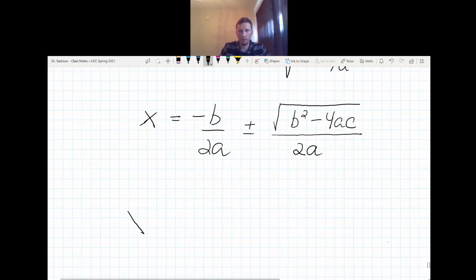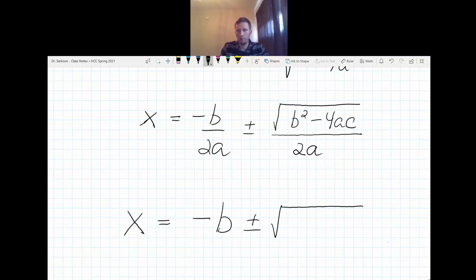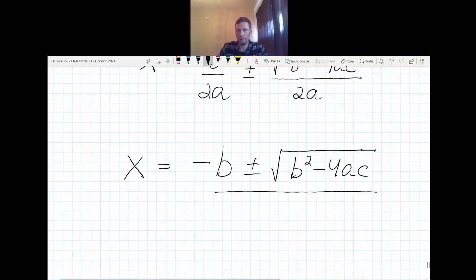I'm going to make it as neat as possible. That's pretty big as well. x is equal to negative b plus or minus the square root of b squared minus 4ac, all over, okay, the denominator is 2a.